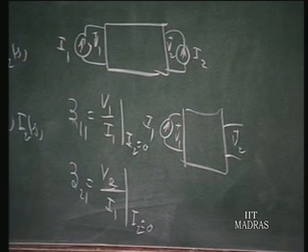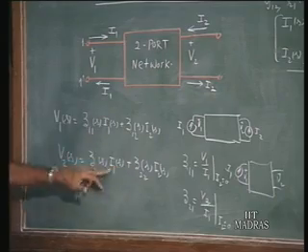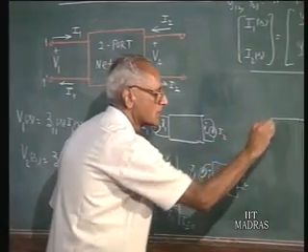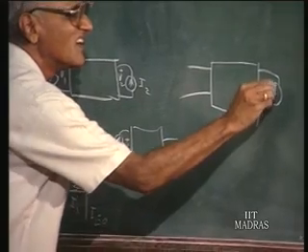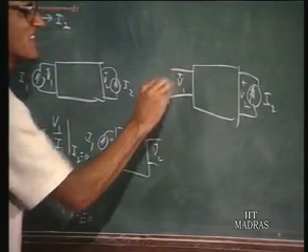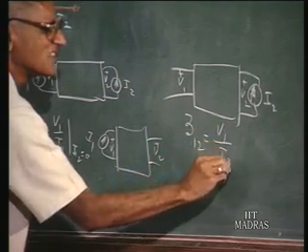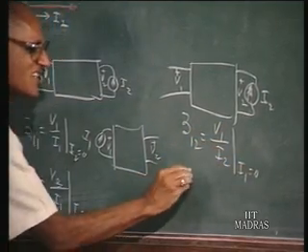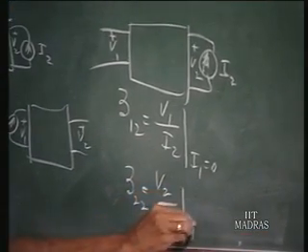So, naturally you get a similar set of defining relations for Z12 and Z22. To find out Z12 and Z22, you have to make I1 0. Therefore, if you make I1 0 and introduce a current I2 here, and this is the response V2 and this is the response V1, Z12 is V1 divided by I2 when I1 is 0, and Z22 is V2 divided by I2 when I1 is 0.